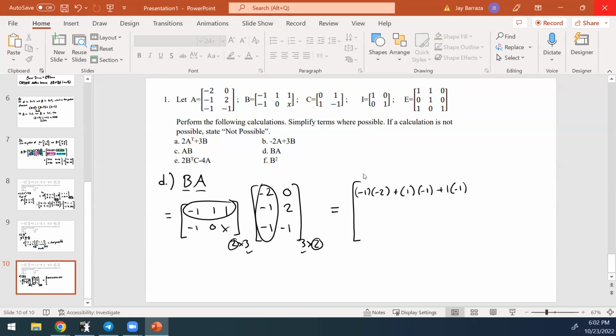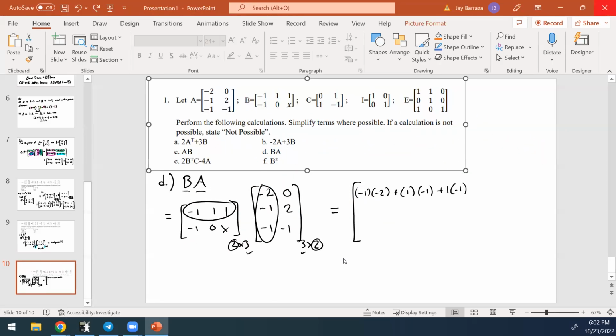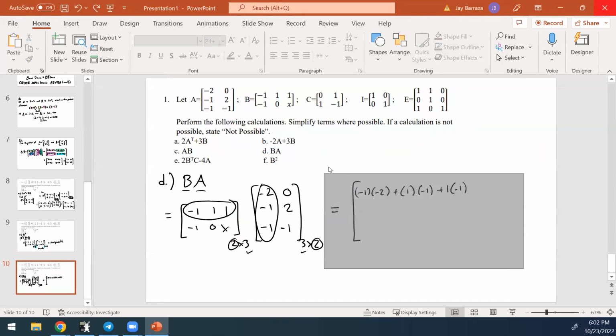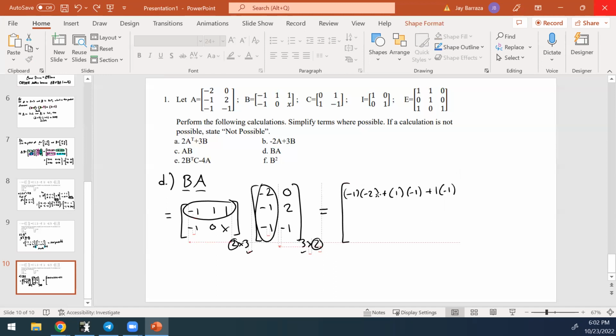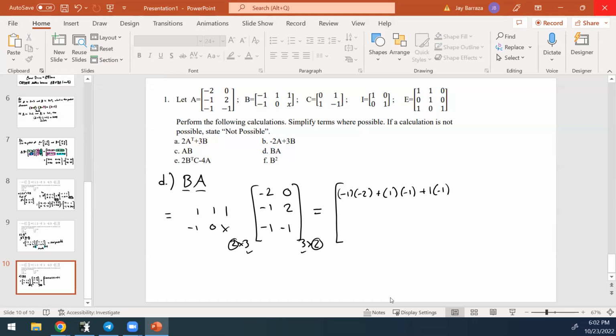So let me move this over. There we go. And then for the next one, I'm going to do this one and this one. So -1 times 0. And if you can do this part mentally in your head, I would highly recommend it. Just be careful because it's very prone to errors if you try to do it all in your head.